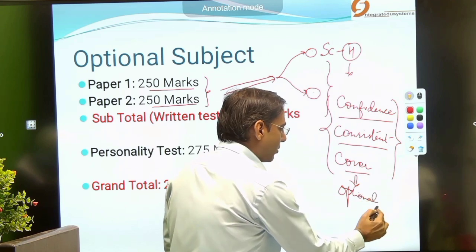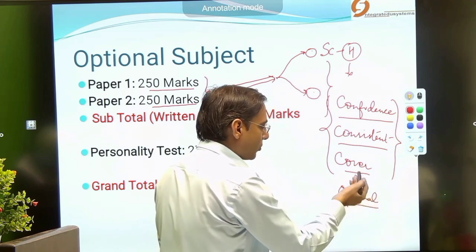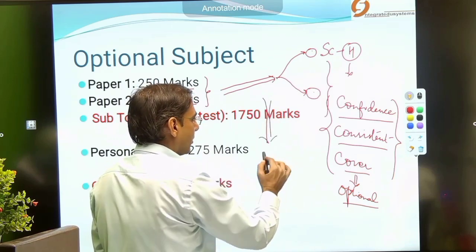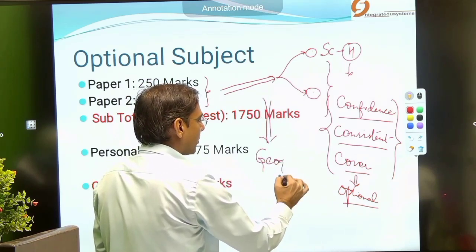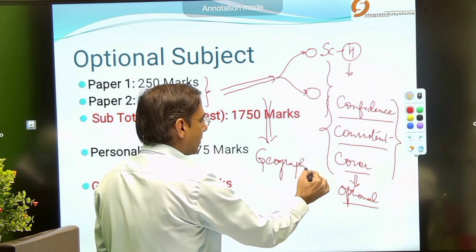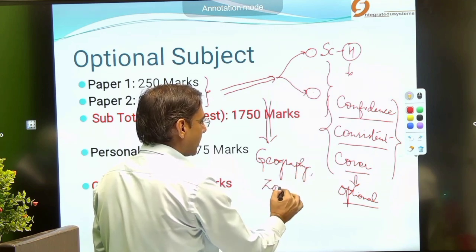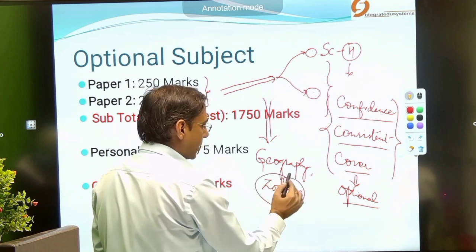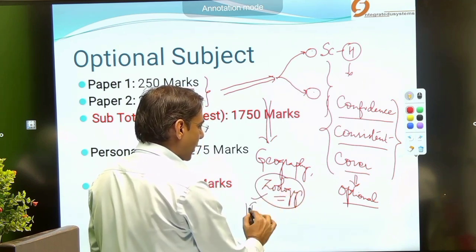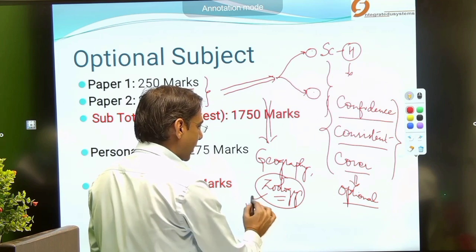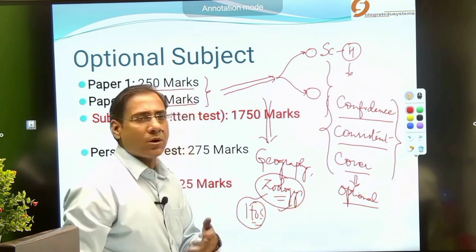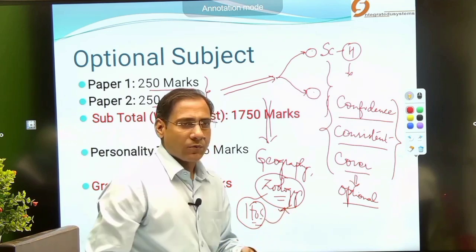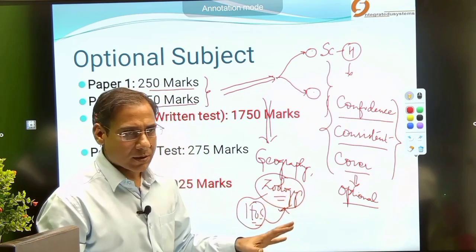Now, what I always suggest when you think about the optional: in our coaching we offer optional geography as well as zoology. But I always suggest that the majority of aspirants preparing for the IFoS examination along with civil services prefer zoology, because it's a science subject, and in the Indian Forest Service you can only pick science, not a humanities subject.